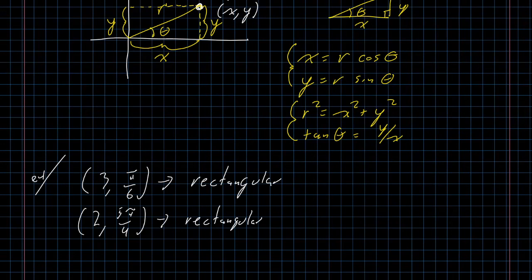Well, just looking at the formulas we have right here, x is r times the cosine of theta. That's r, that's theta. That's really all it is. So we're going to have r times the cosine of theta. We're going to have r times the sine of theta.